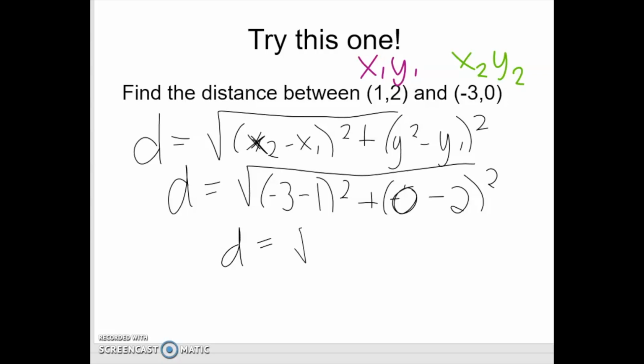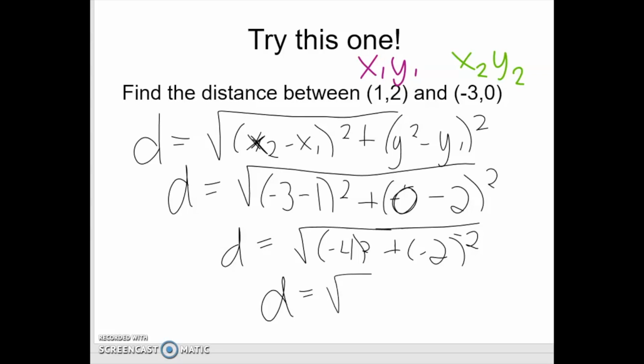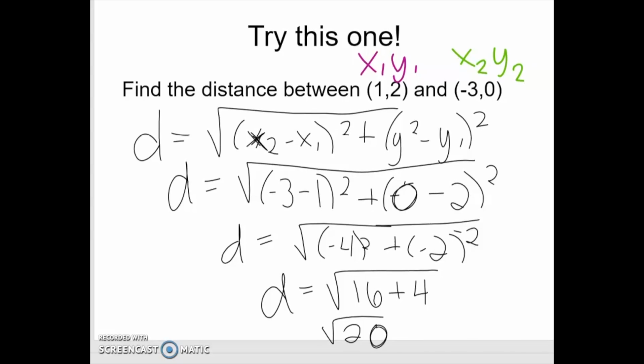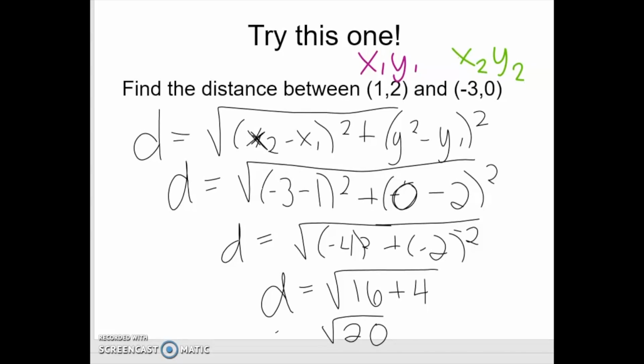So we have -3 minus 1 is -4 squared, plus 0 minus 2 is -2 squared, and -4 squared would be 16, plus 2 squared would be 4. Now we notice we have the square root of 20. And 20 is not a perfect square. So that just tells us that our answer is not a whole number. At this point, we can just use our calculator to get an estimate.